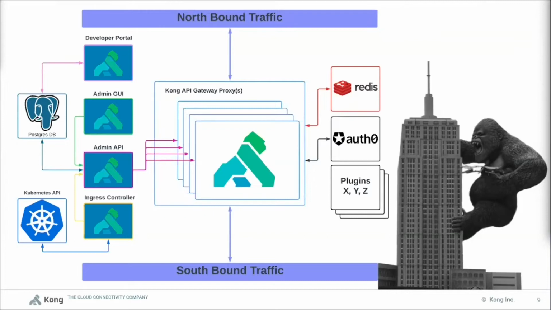There are times when the Kong gateway pods may actually roll. That's where you see them terminating and being replaced with new pods. If you have specific certificate changes that are specific to the Kong services themselves, the default certificate, for example, or other secrets that are injected into the data plane containers, that's when you'll actually see the Kong gateway data plane pods rolling.